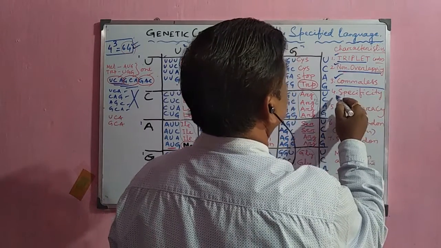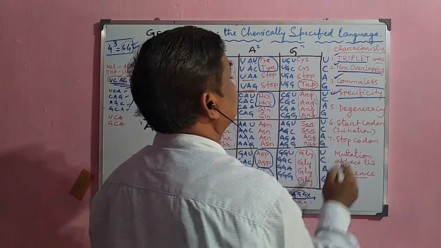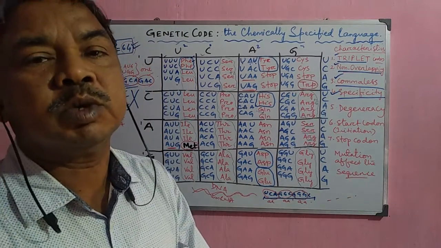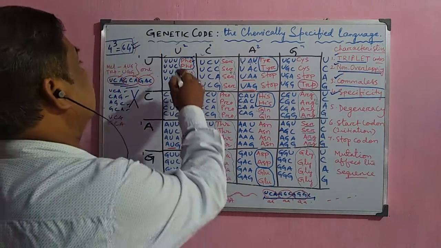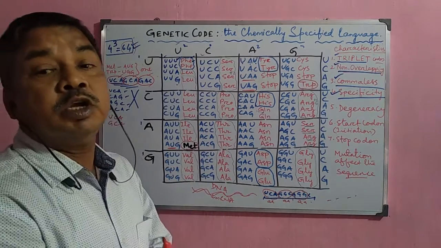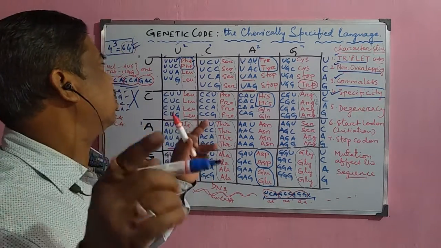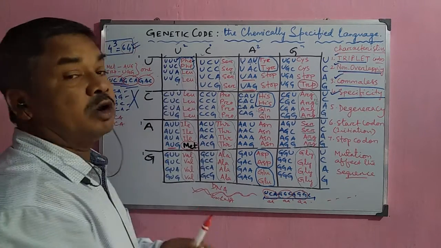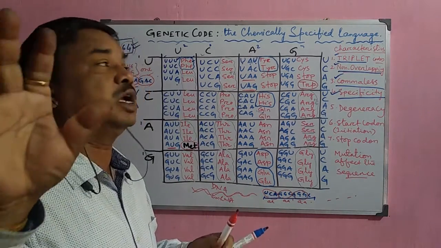Now, the next important, fundamental property of these nitrogenous bases is specificity. That means this triplet code, suppose UUU, will code for only phenylalanine. This UUU will not code for any other amino acid.